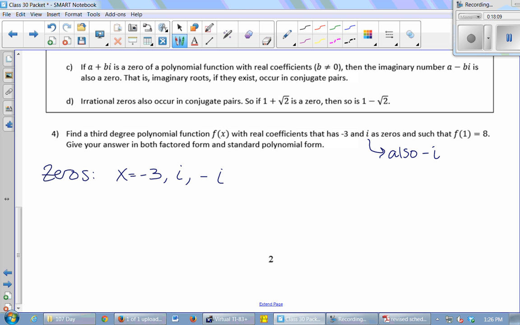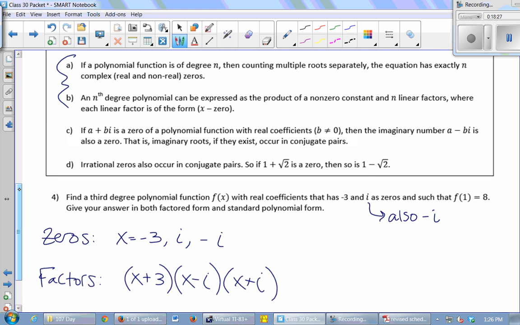And so I have degree 3, I should have 3 zeros, and I should have 3 factors: x plus 3, x minus i, and x plus i. But part A here says that I can express it as the product of n linear factors and maybe a non-zero constant, right?